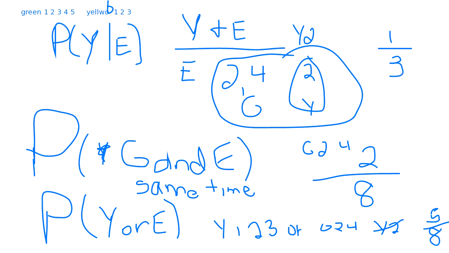Okay, let me just say this too. Let me go back to this yellow or even problem. The formula is actually this. So if you see this formula, you should recognize it. They're mutually exclusive.